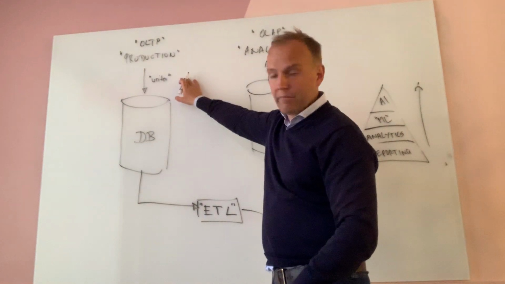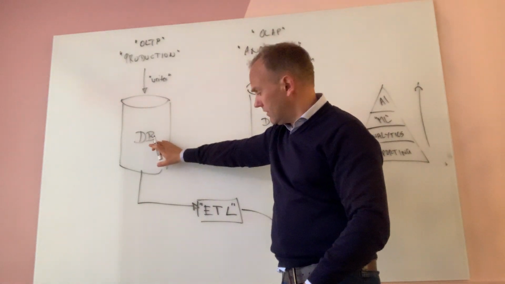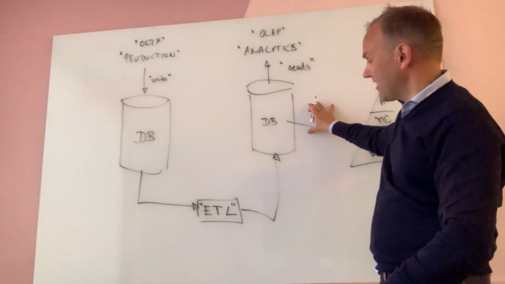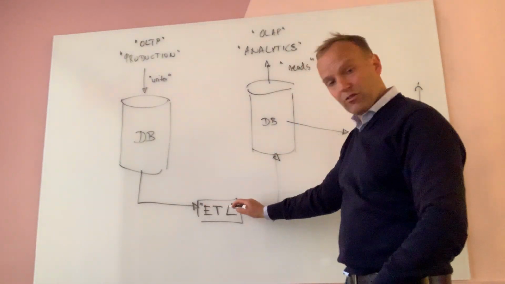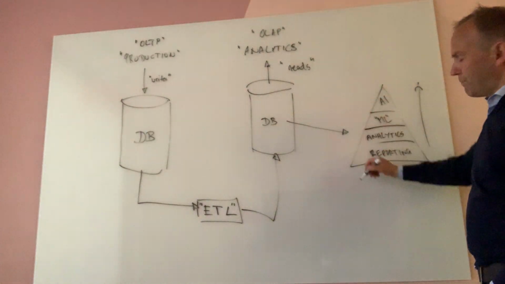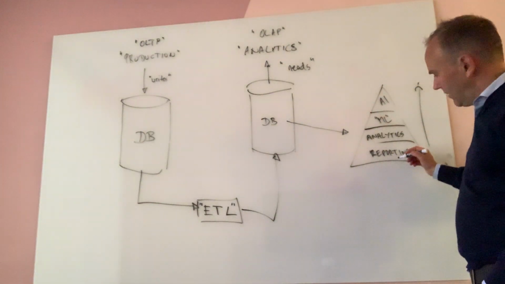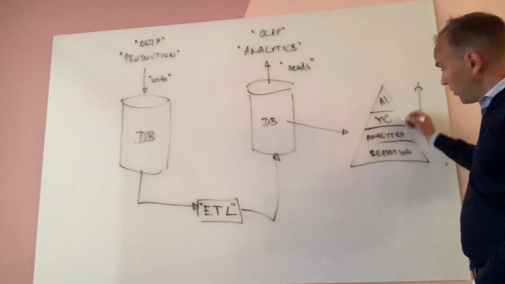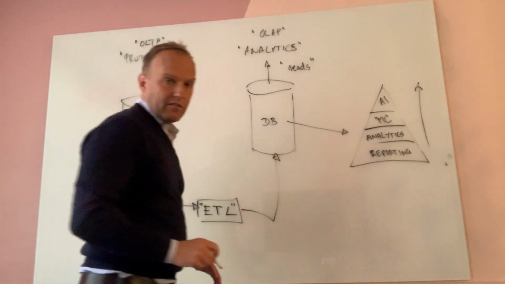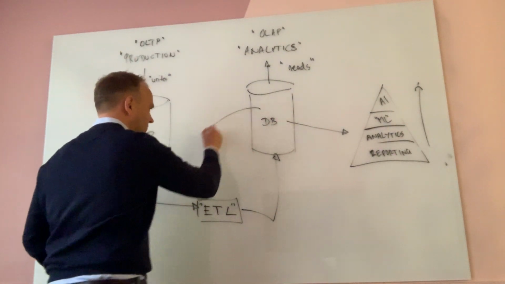And so this is your process. Here's your production database. That's where you collect all the data. Then you want to analyze it, so you put it into your analytical data warehouse. The process to get there is called ETL, extract, transform, load. Here's your data hierarchy of needs, what your business is going to do. And the people who do all of this are the data engineers.